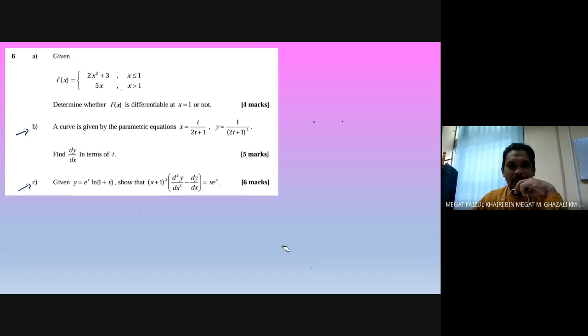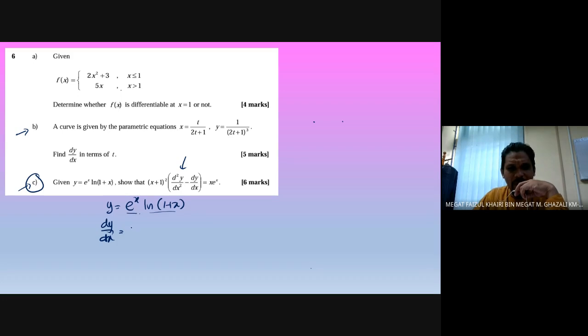Okay. Then next is question number 6c. y equals e to the power of x times natural log of 1 plus x. Okay, show that this one has a second derivative. Okay, look at this. We have the second derivative and dy/dx equals this one here now. Okay, y prime or dy/dx equals, take this as u and this as v, so u prime v plus u v prime.